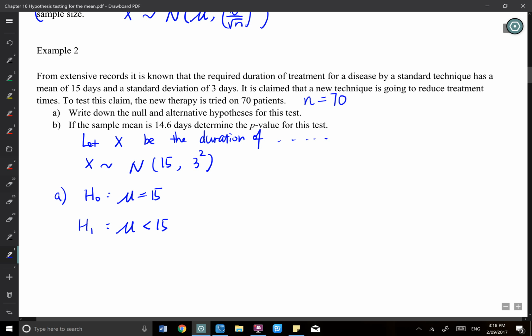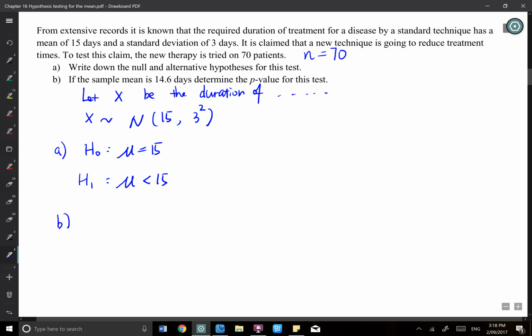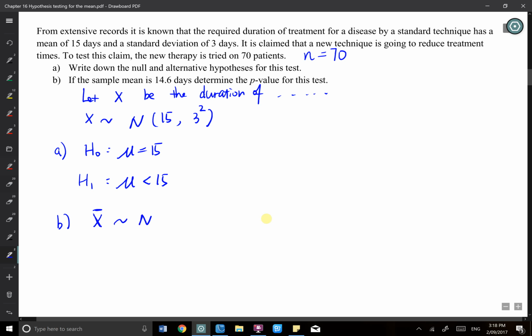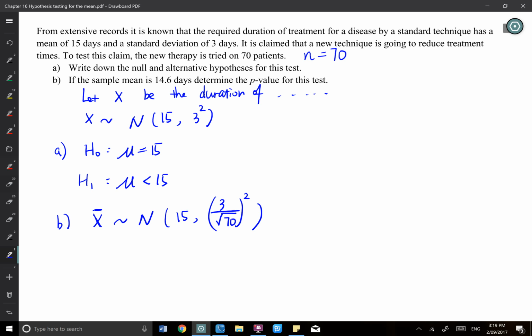Part B. Then x bar is given by a normal distribution with mean 15 and standard deviation 3 over square root 70.